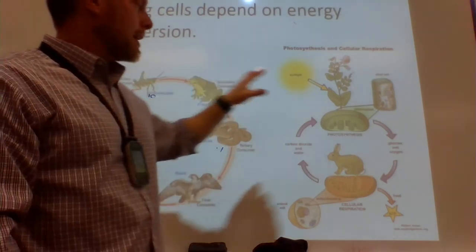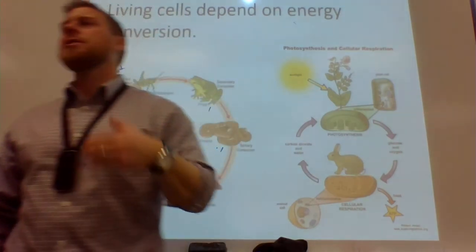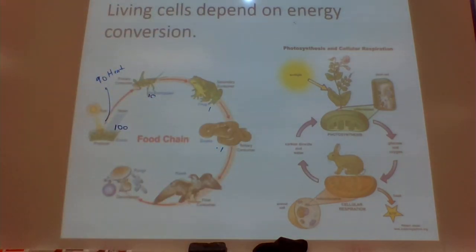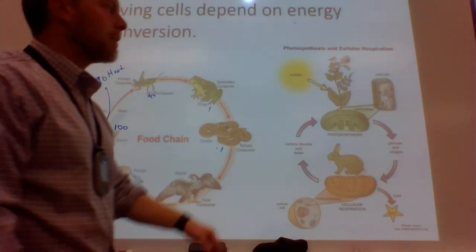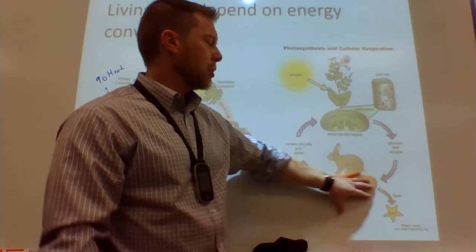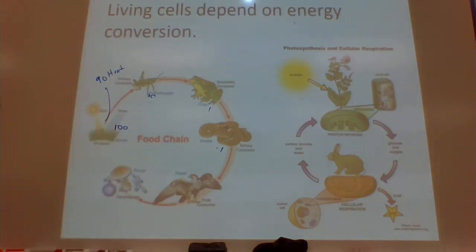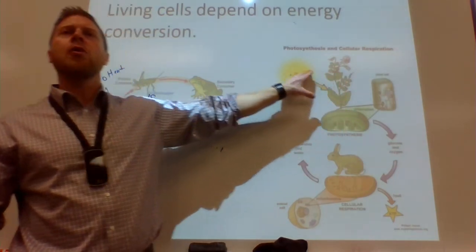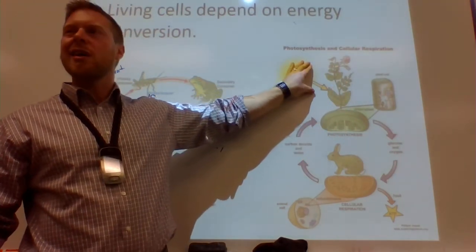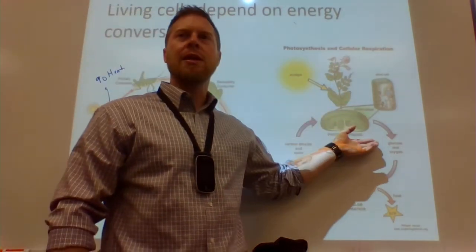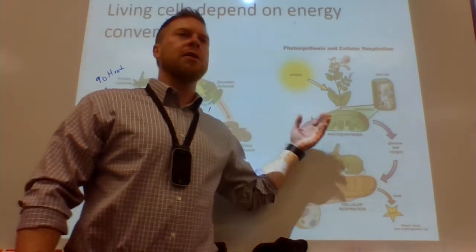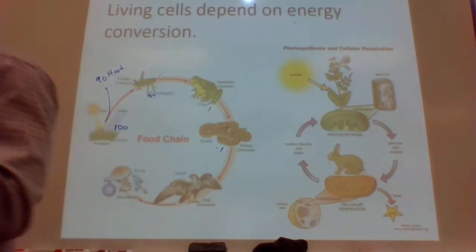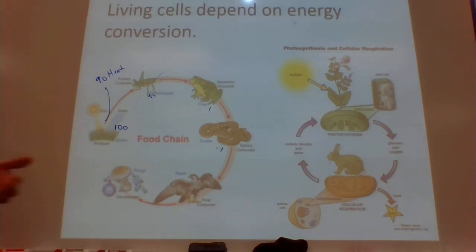Two of the best examples of energy conversions in nature are cell respiration and photosynthesis. And you can see based upon this diagram that these two energy conversions are linked together. Photosynthesis takes solar energy, energy from the sun, and converts it into chemical energy, the energy found in chemical bonds. So photosynthesis is a beautiful example of an energy conversion.